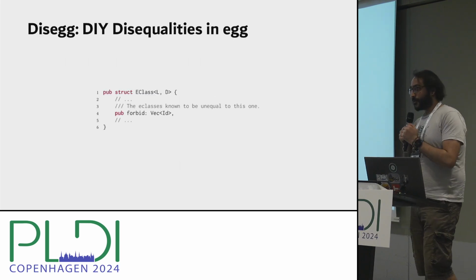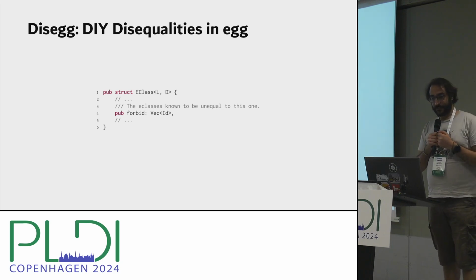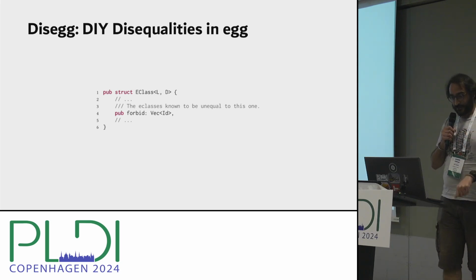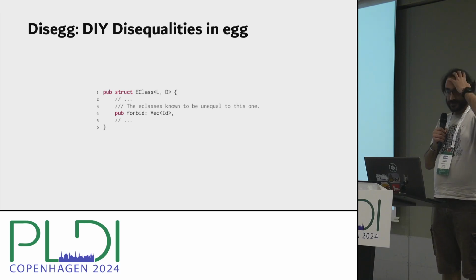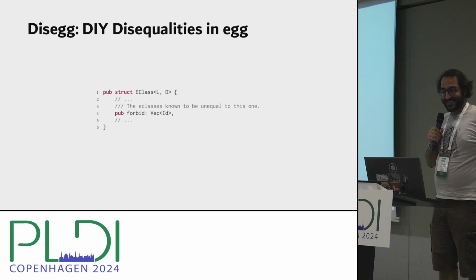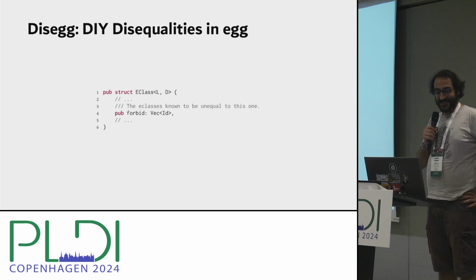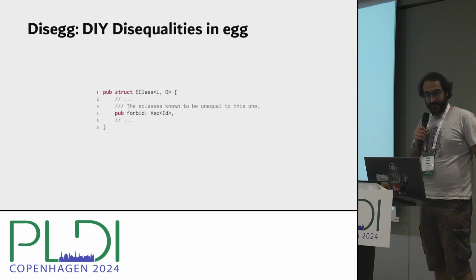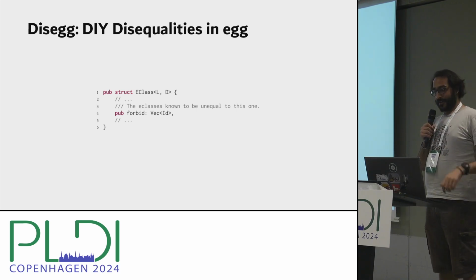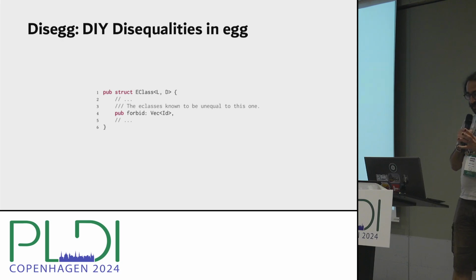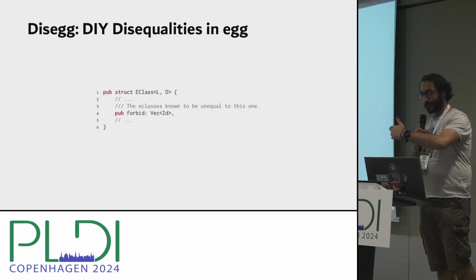So how did we actually implement this? We didn't go about writing our own EGRAPH because that was why egg exists. So we extended it. We called it diseg, and instead of showing you pseudocode, I'll show you the steps so you can do it.